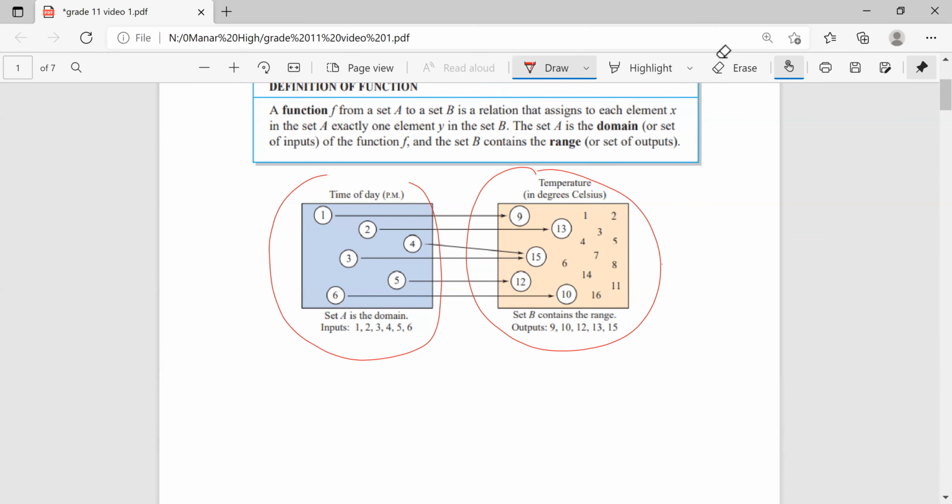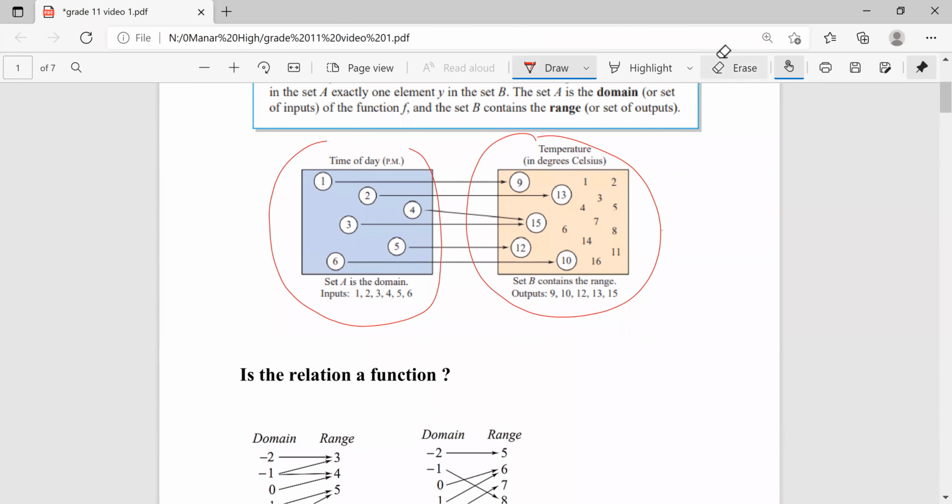Let's see here. This is the relation between the time of day and the temperature. Okay, 1 from the input corresponds to only one value. 2 corresponds to only one value. Like that for 3, 5, and 6. So is it a function or not? Yes, it's a function.